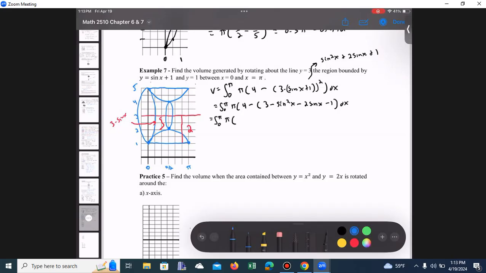Now let's distribute this negative sign as well. So this makes this negative, positive, positive, positive. So now we can put all that together. We'll have 4 minus 3 plus 1 gives 2. It's the negative 3 and the plus 1. Plus sine squared x plus 2 sine x dx.